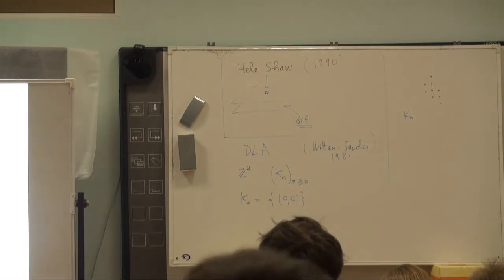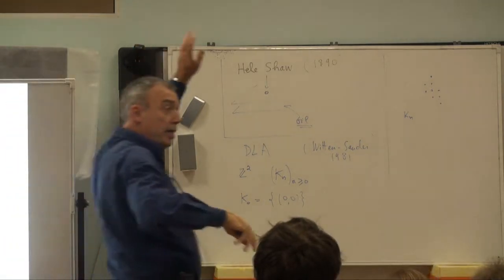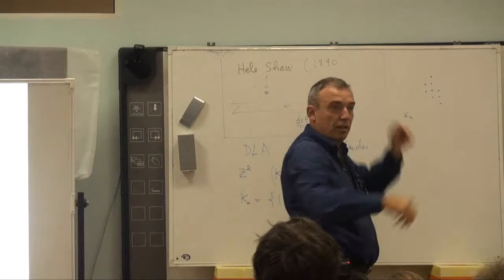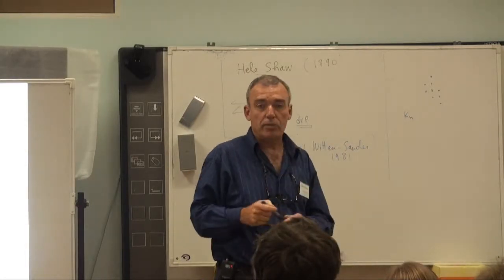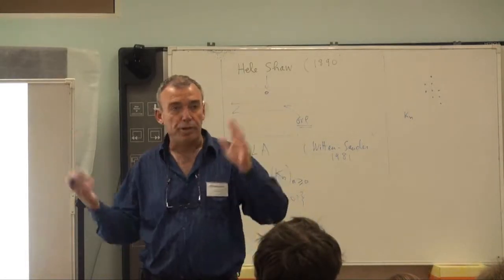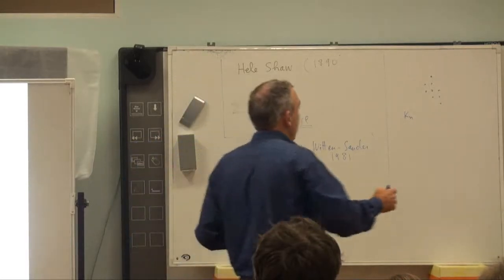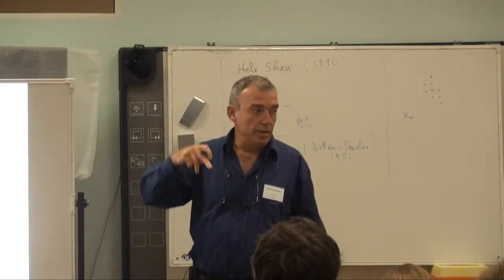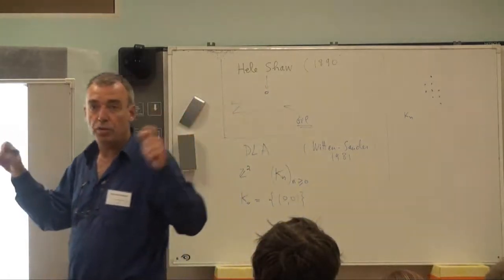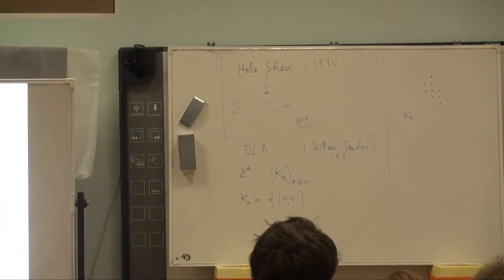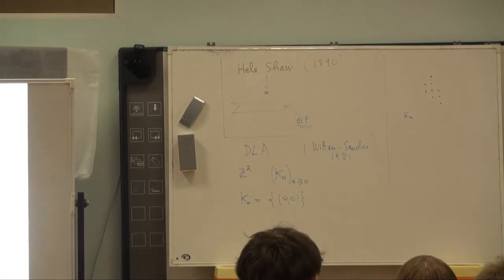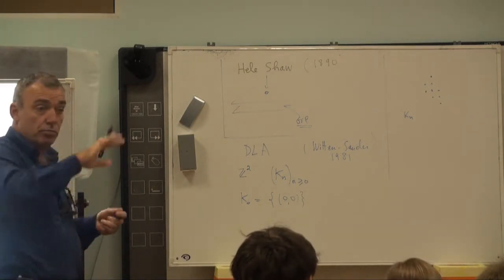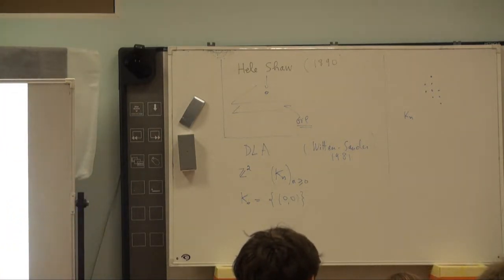Well, we start from very far away, from infinity, and we start a random walk, the usual symmetric random walk. That means at each step you can go up, down, right or left. So you have four possibilities each time, with probability 1/4 each. So it is a completely symmetric random walk.